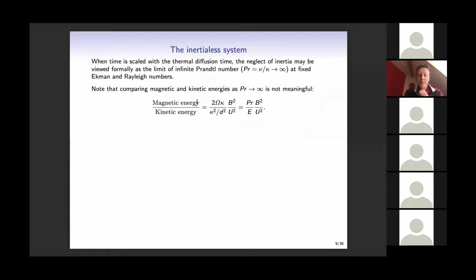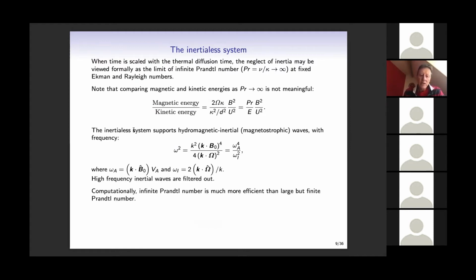So the magnetic energy to kinetic energy is not really defined at infinite Prandtl number. In a way, you might think that's not such a surprise because we have no energy as such. An energy equation you would normally think of as dotting the du by dt equation by a u term. We don't have that, okay.